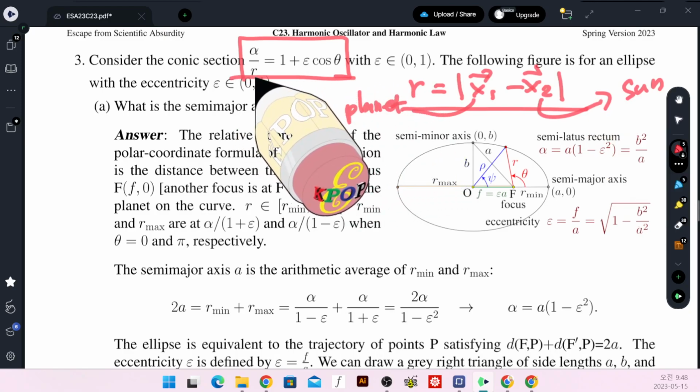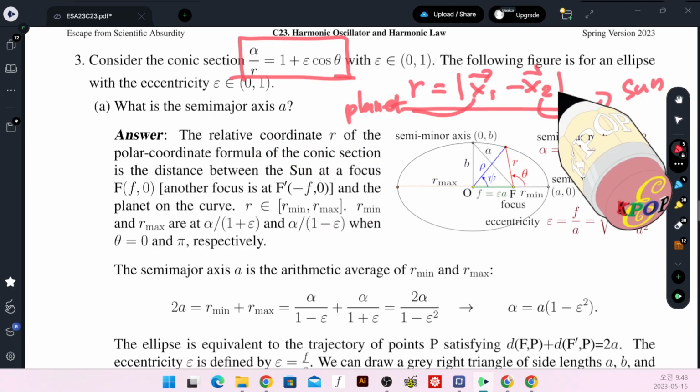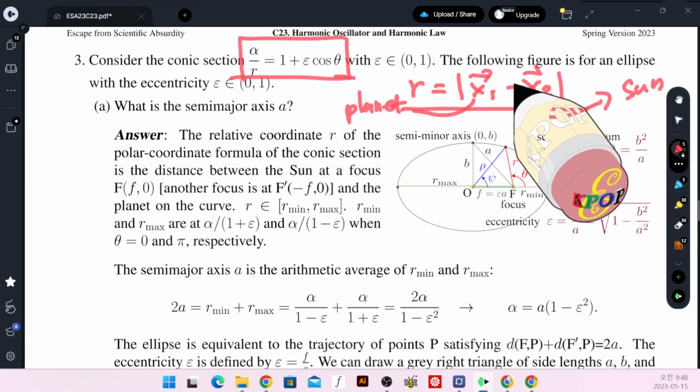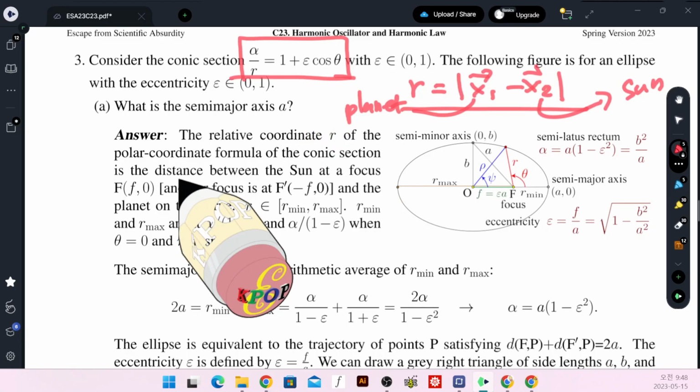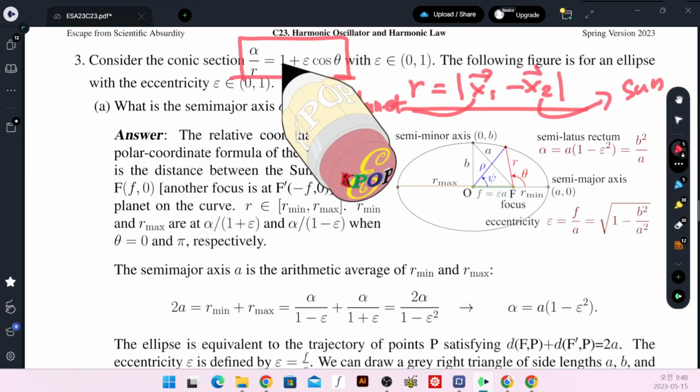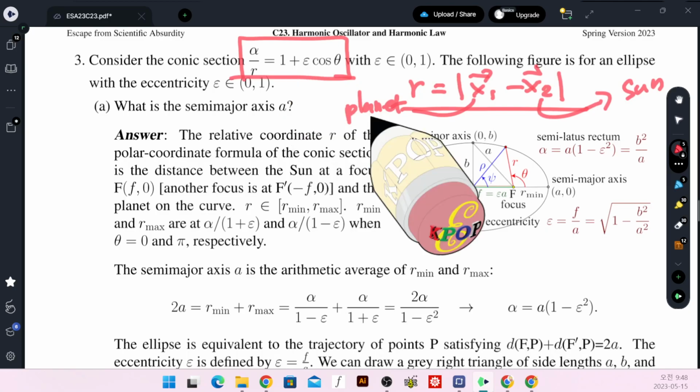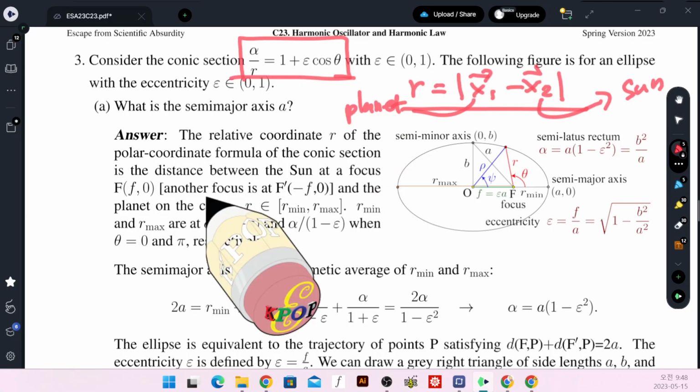If you have a bound state like the planet in a solar system, the total mechanical energy of the system is negative. In that case, it becomes a bound state, and the lowest possible state is a circular orbit, and then we have an orbit that is an ellipse.